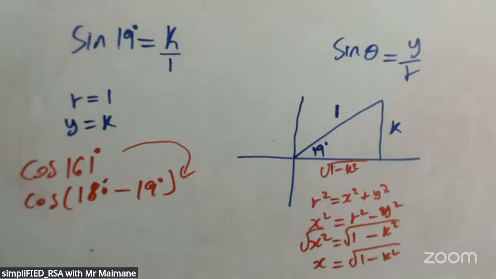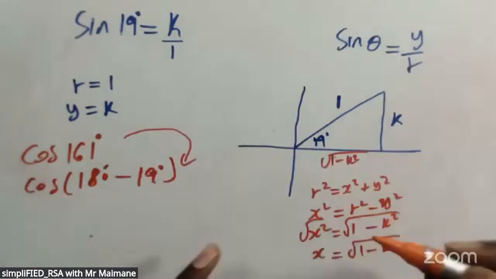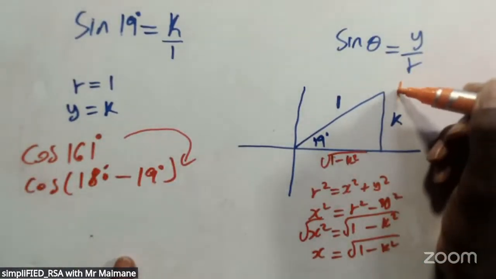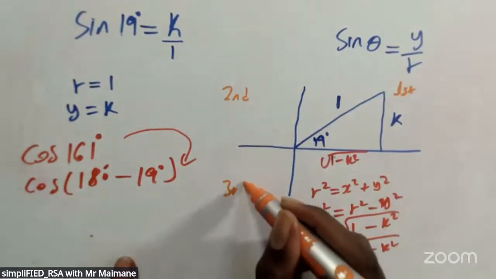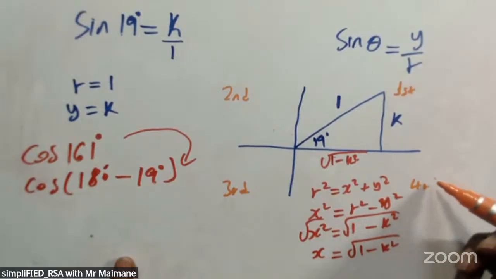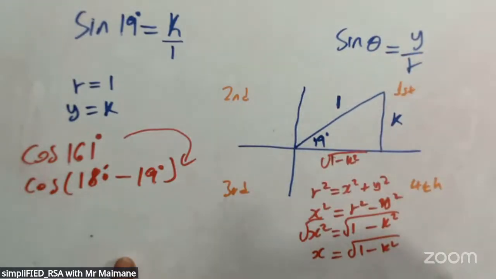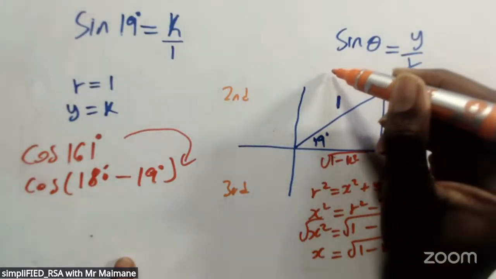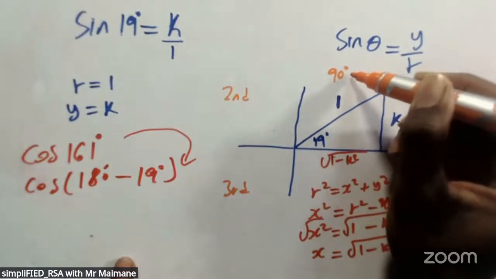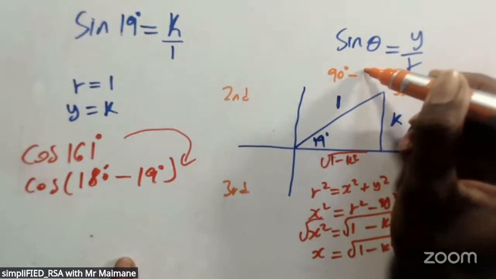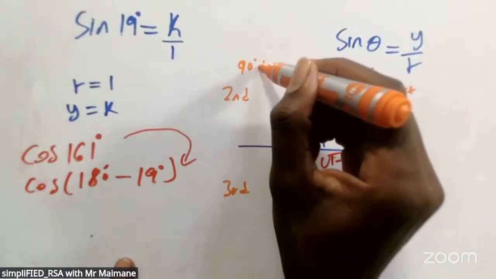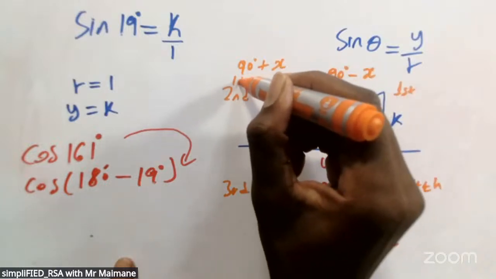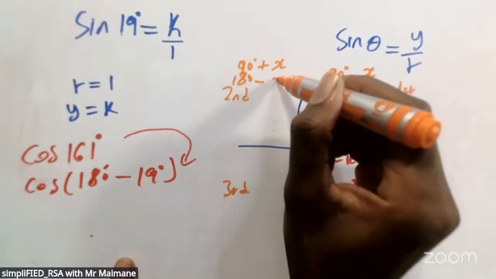According to your Cartesian plane, if this is the first quadrant, this is the second quadrant, this is the third quadrant, and this is the fourth quadrant. In quadrant 2, it's 90 degrees plus x as well as 180 degrees minus x.